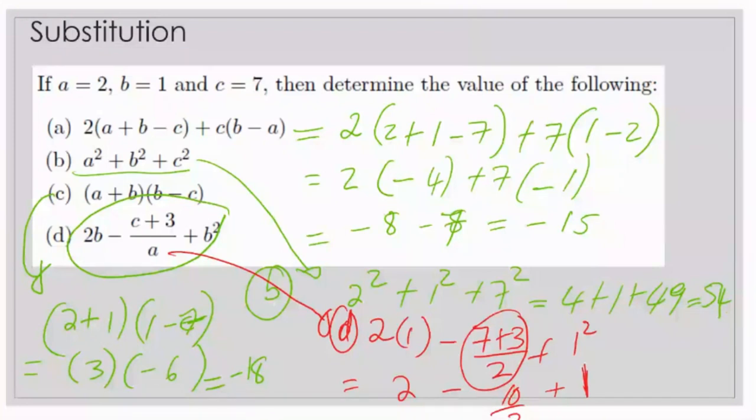So thank you for raising that. It's important to apply BEMDAS, especially at your level, because that is where you are going to be assessed on whether you can apply that rule. Thank you so much for highlighting that.